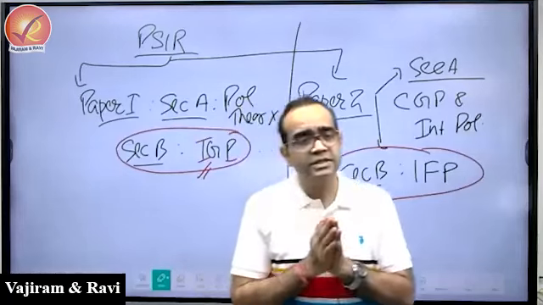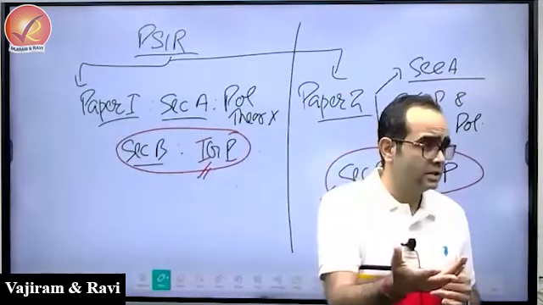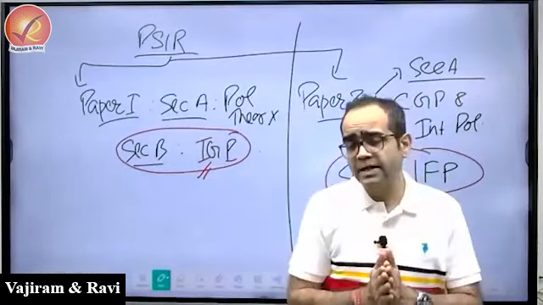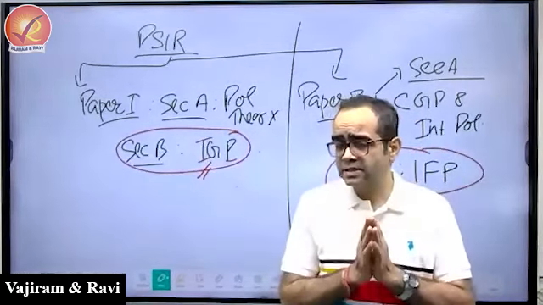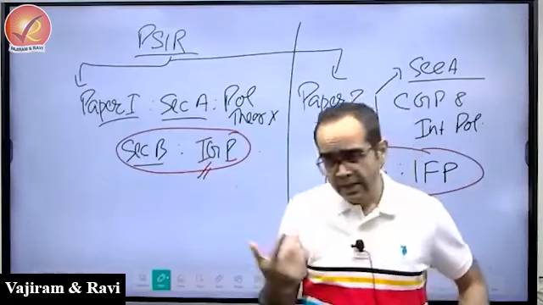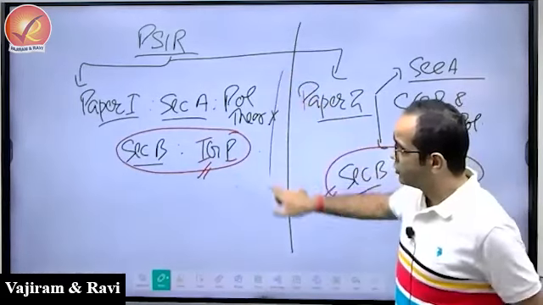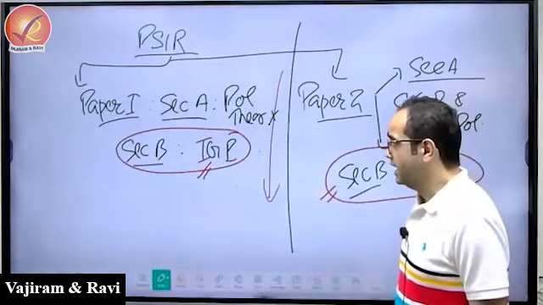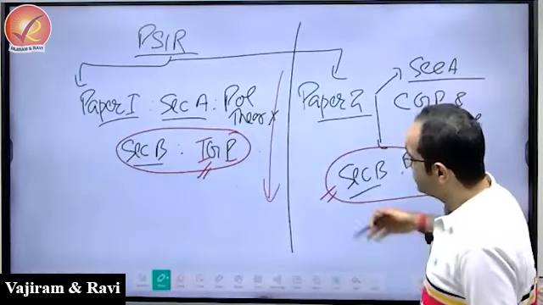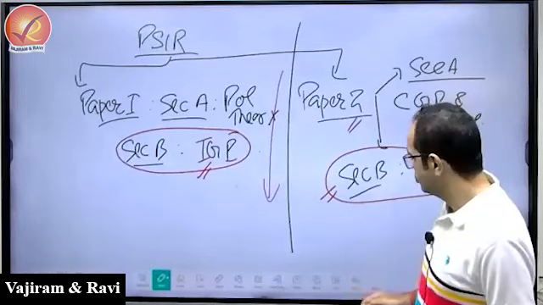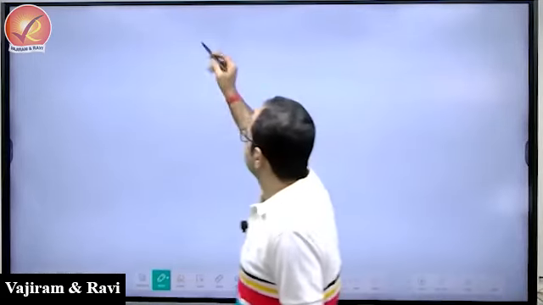If you write GS answers in your optional, you will get below average marks. You have to understand these two points. So I'll be focusing on paper 1, section A and section B, while Iqbal sir will discuss paper 2.